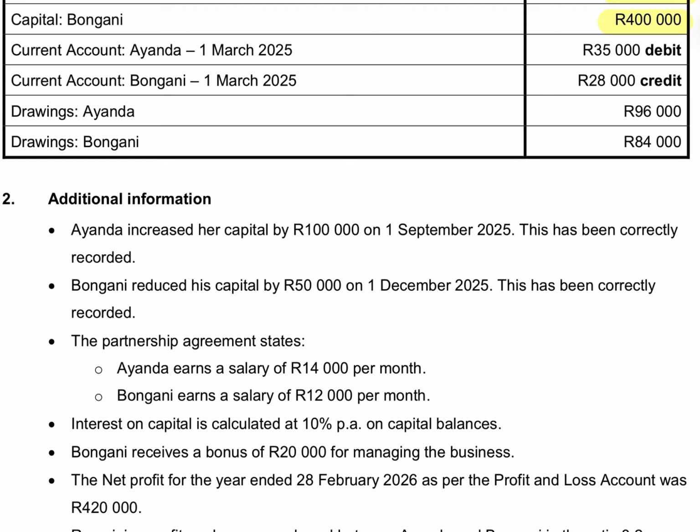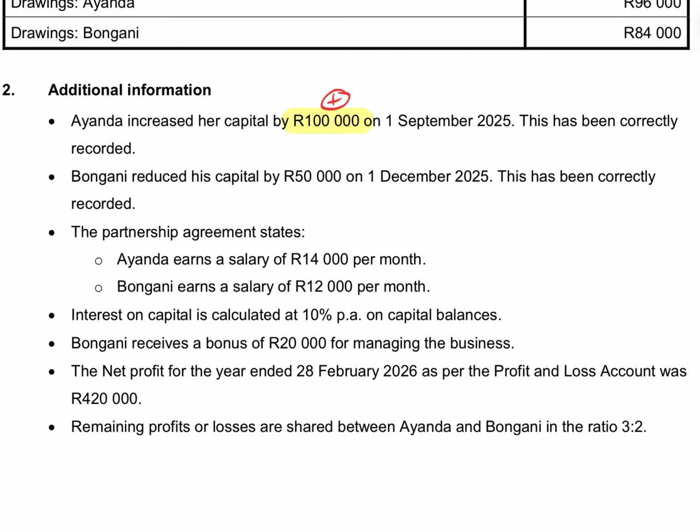Now the question also gives us additional information which says Ayanda increased her capital by 100,000. So this is an increase, which is a plus, on the 1st of September 2025. This has been correctly recorded. And it also says Bongani reduced his capital contribution by 50,000. So I'm going to highlight that.